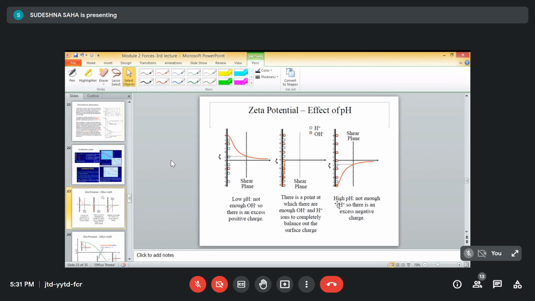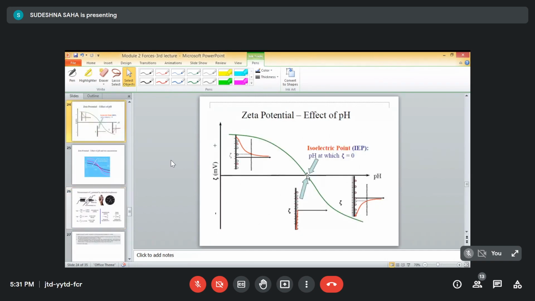If you put it together in one graph, how zeta is changing with pH, you will find this kind of graph, and the point of 0 zeta potential is known as the isoelectric point.